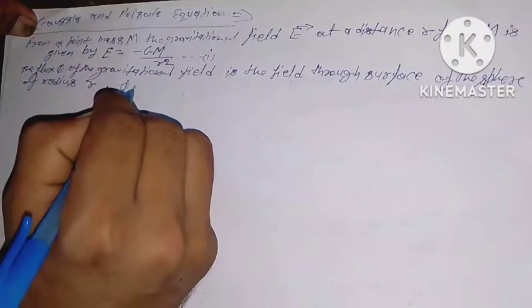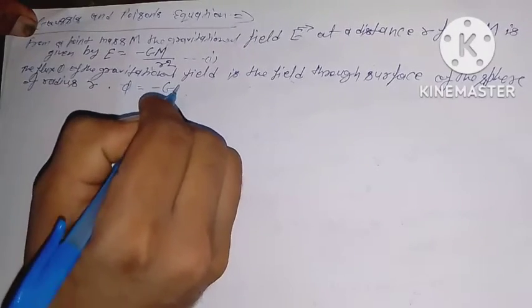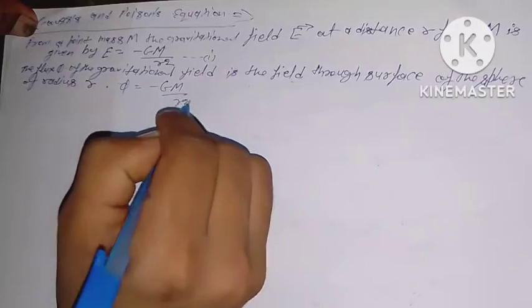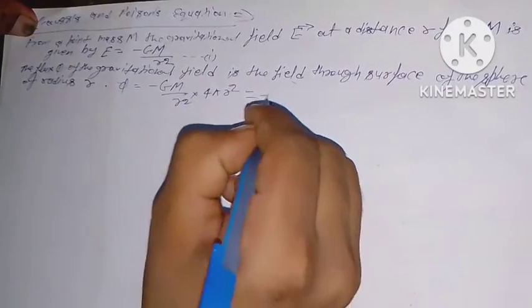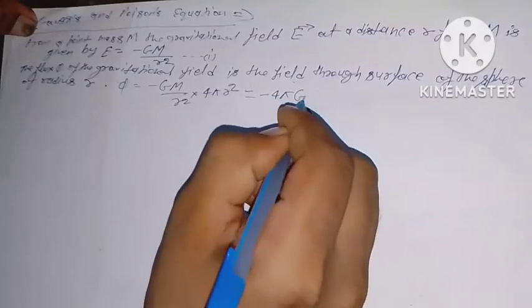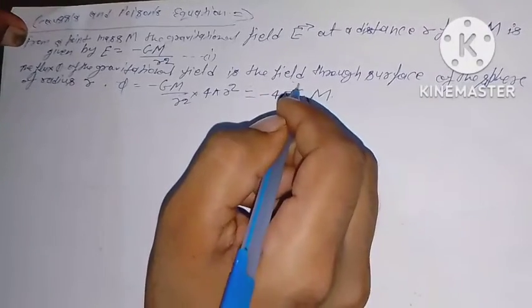So phi equal to minus G M upon r square multiplied by 4 pi r square, equal to minus 4 pi capital G M.